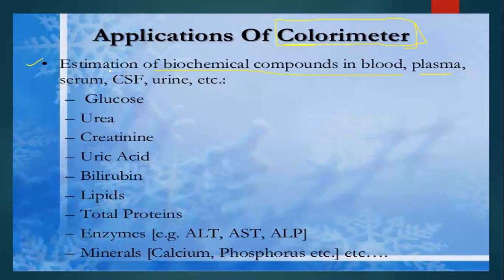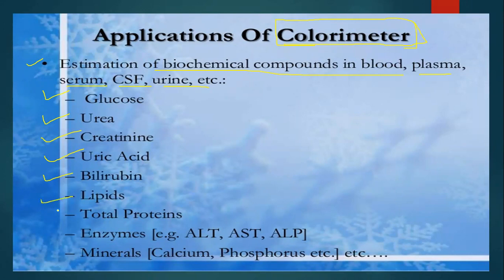Then from blood plasma, serum, CSF and urine samples. So these are the things from which you can do the analysis. What can you analyze? You can analyze the amount of glucose present in the body. You can find out urea from the urine, creatinine present in the body, and then uric acid. Bilirubin you can also find out with the help of the colorimeter.